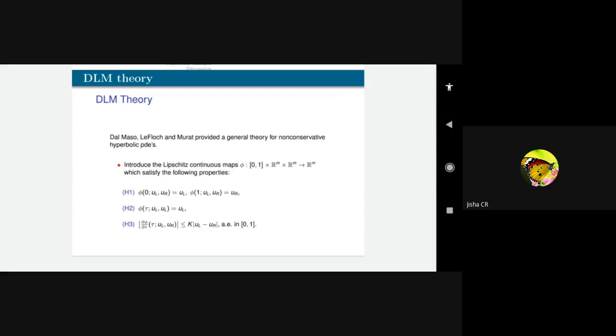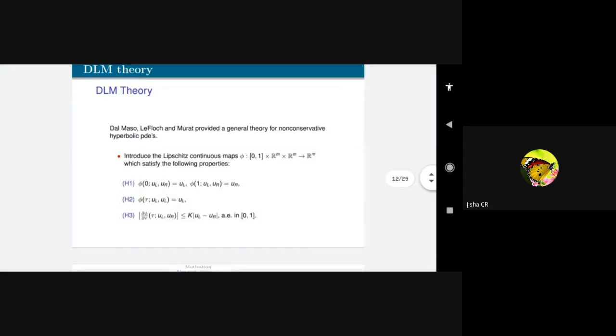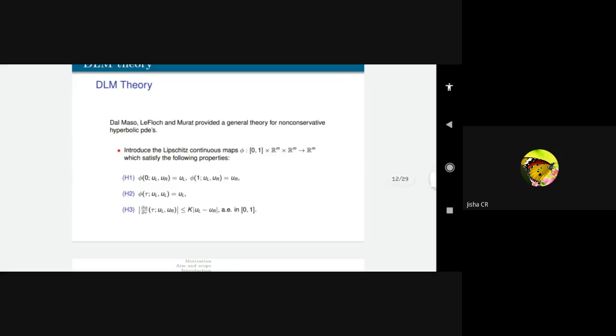Phi is a function from [0,1] × R^m to R^m, with phi(0; ul, ur) = ul and phi(1; ul, ur) = ur. That means it is a connecting path between ul and ur, and at ul it takes the exact value. And the last condition is for Lipschitz continuity. Next slide, please.